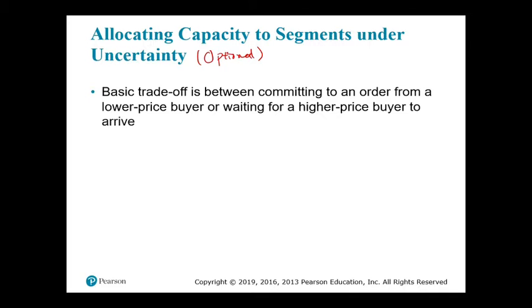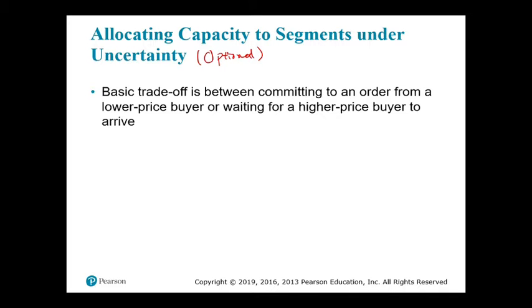So it's often the case that there is enough demand from the lower price segment to use up the entire capacity. So for example, in our plane case, the leisure customers may just occupy all the seats available if we let them.